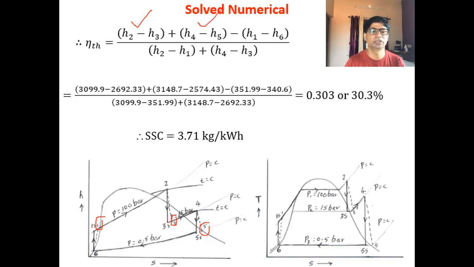So there is a change, and pump work is H1 minus H6, but there is no change. There is change even in heat input, so it becomes now H2 minus H1, and H4 minus H3. All 1s points are replaced by 1, 3s points by 3, and 5s points by 5. So with these new formulas and the new values of substitution, you will get the efficiency as 30.3% and specific steam consumption as 3.71 kg per kilowatt hour.